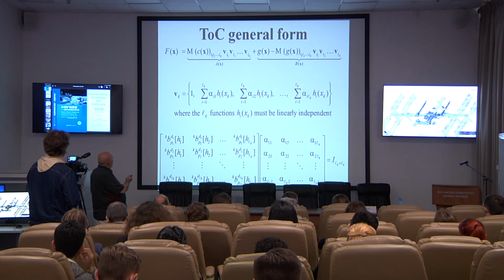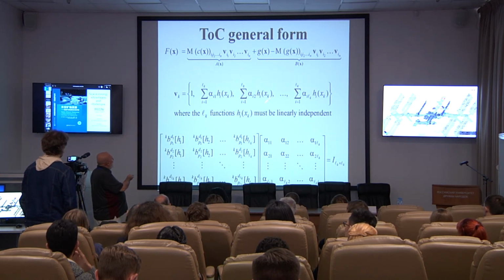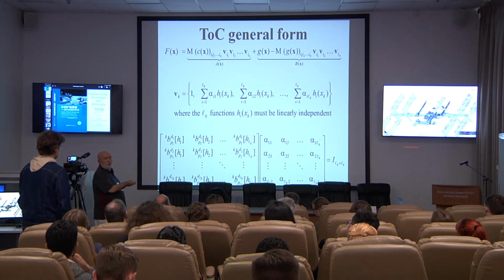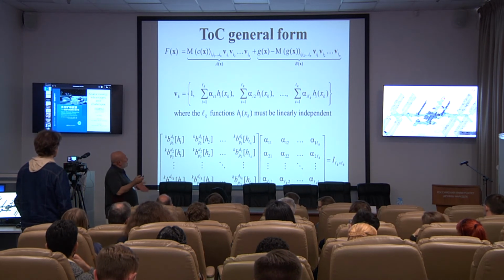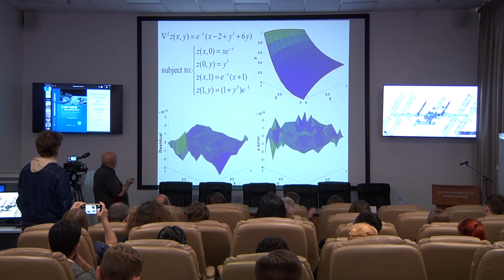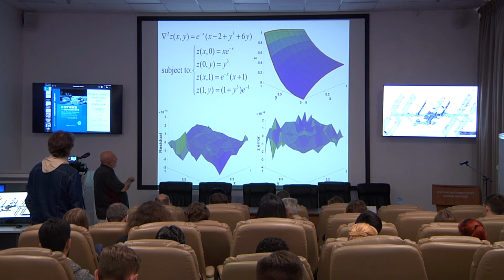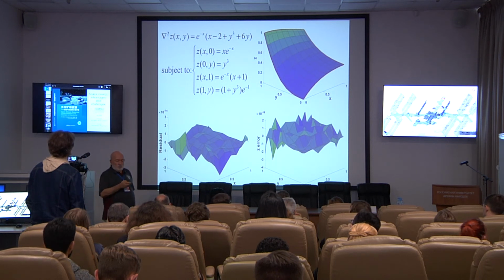Now, these coefficients here are simply obtained by inverting the matrix, okay? And this is basically the generalization. We started to apply it to very simple PDEs, where in this case we have just Dirichlet conditions, and we obtain machine error accuracy using least squares.